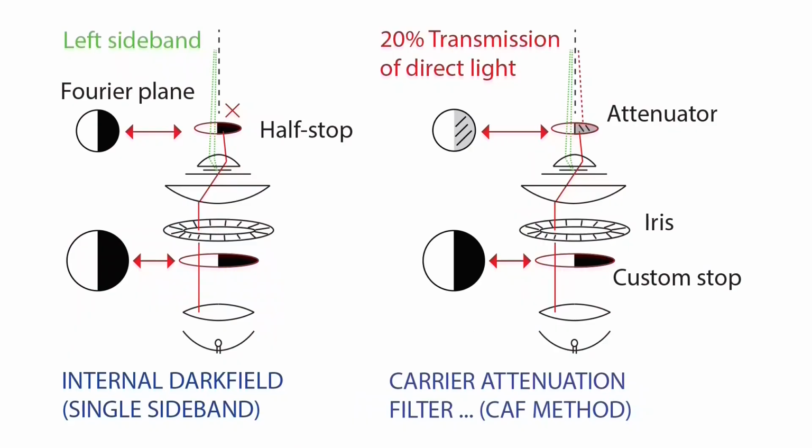Another example is the single sideband edge enhancement method, or SSEE, using a semicircular illumination beam and a semicircular Fourier stop, or half stop. The left panel shows a pure dark field setup. The right panel shows a method to substitute a semi-opaque carrier attenuation filter to allow some direct light to pass.